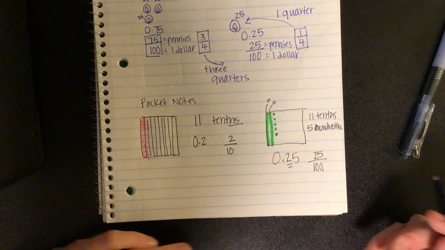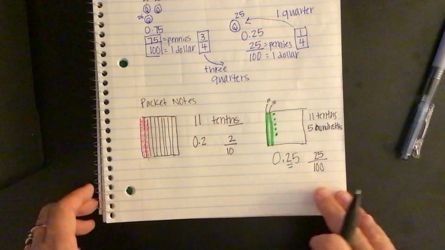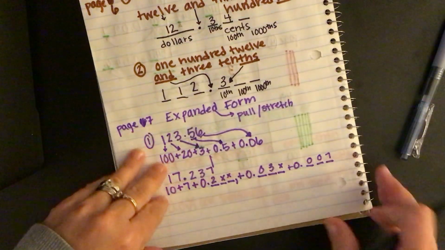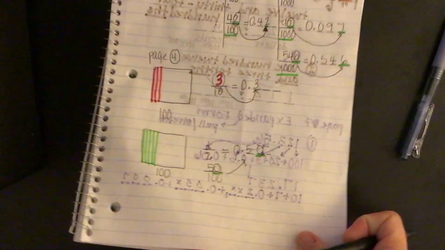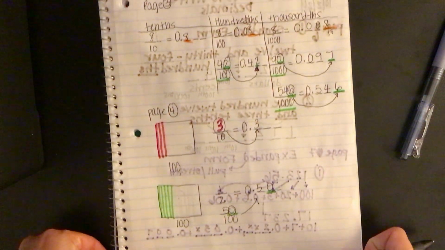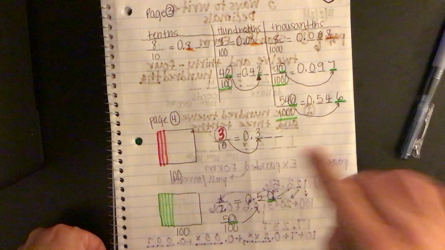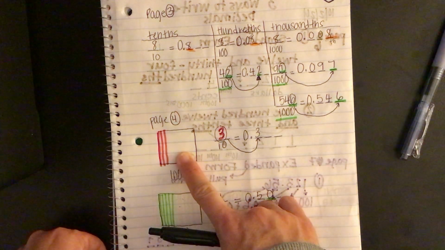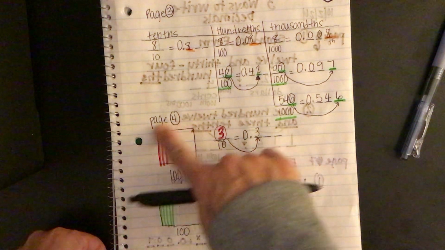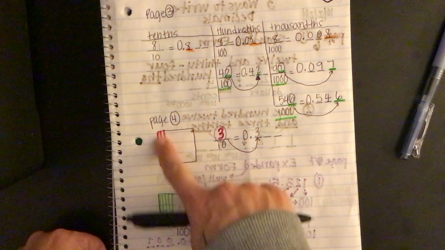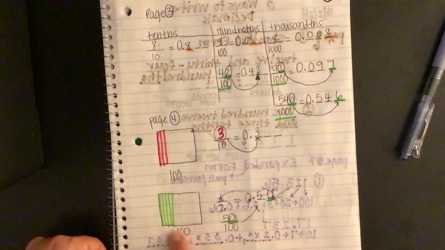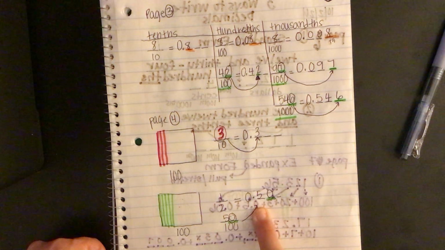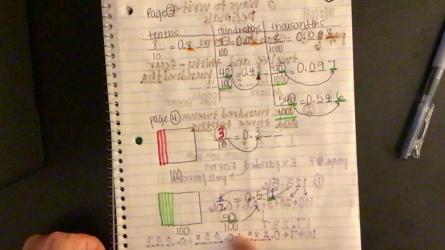Okay, this is again something that we talked about last week. If we go back into our notes before this, this is my page 7, we already did this. We did this on page 4 in our packet, how we saw 3 tenths and we made 3 tenths, and how we saw 1/2 and we made 1/2. Okay, so we've already done this work.